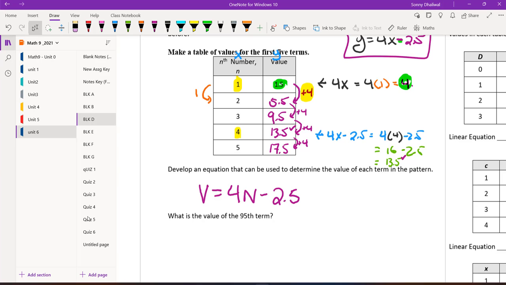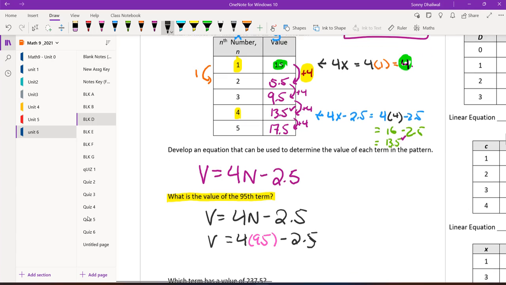So we apply this equation to the next question. It says, what is the value of the 95th term? So we have our equation here, and then we need to stick the number 95 in. There are two spots it could go, v or n. Where does it go? N, right? We're talking about terms. N is the number of terms. So where we see n, we stick in 95, minus 2.5.